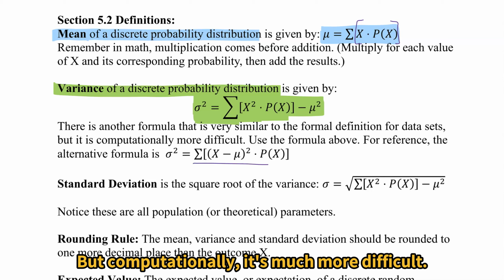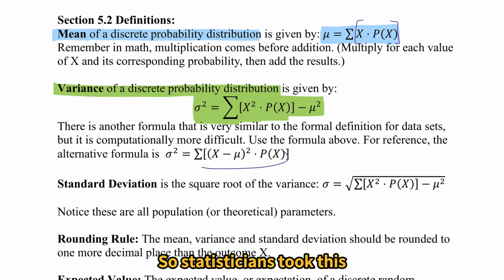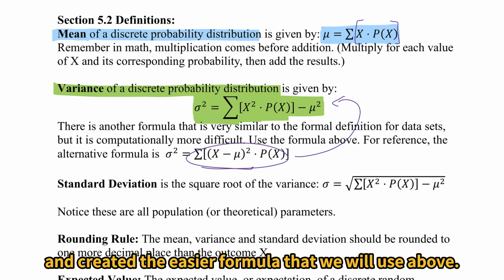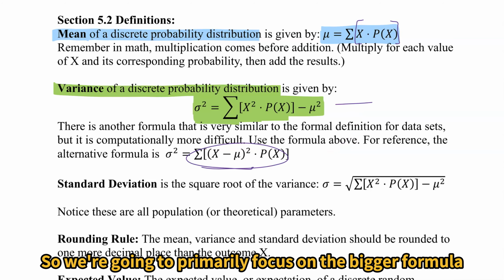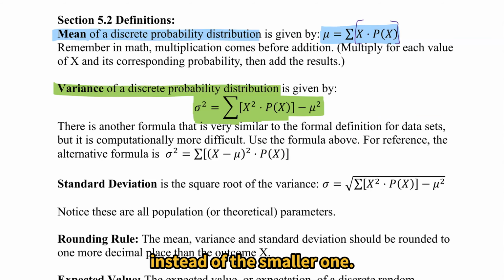But computationally, it's much more difficult. So statisticians took this formula, did some algebra on it, and created the easier formula that we will use above. So we're going to primarily focus on the bigger formula instead of the smaller one.